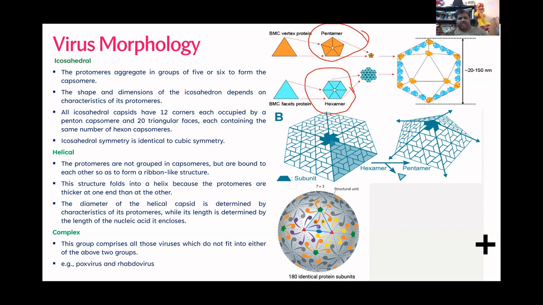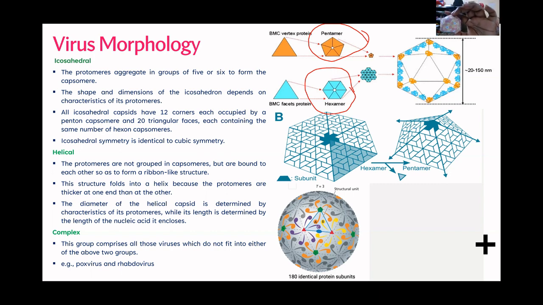So there are two subunits that can basically repeat, and this leads to something called a triangulation number. The triangulation number is nothing but the number of subunits that repeat in a virus virion or a virus particle. For example, I can show you one more capsid which I made for your presentation purpose. You can see this capsid. The subunit of this capsid is made up of 3 different colored dots: yellow, orange, and red.